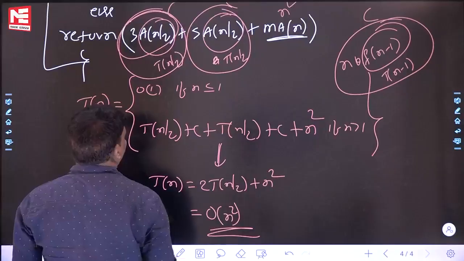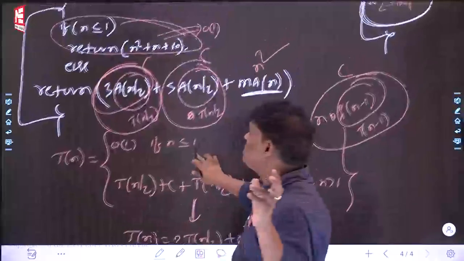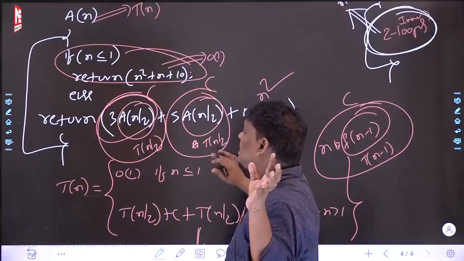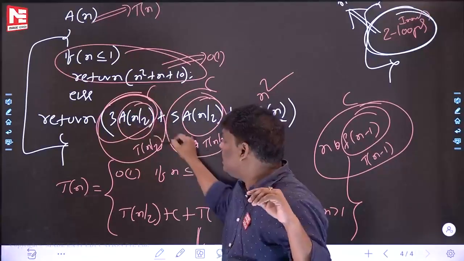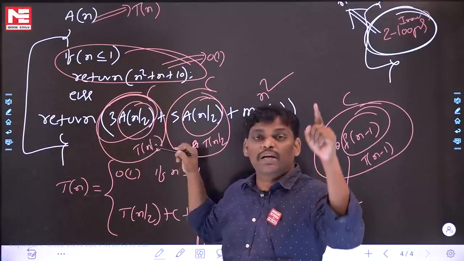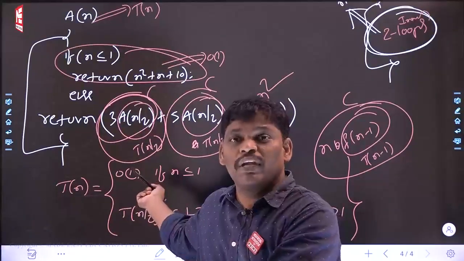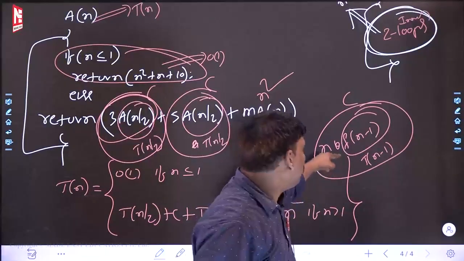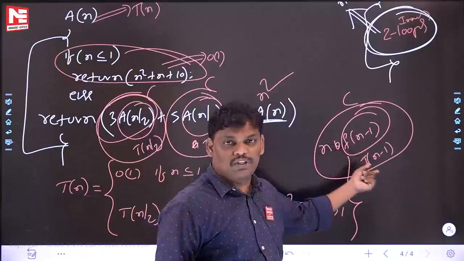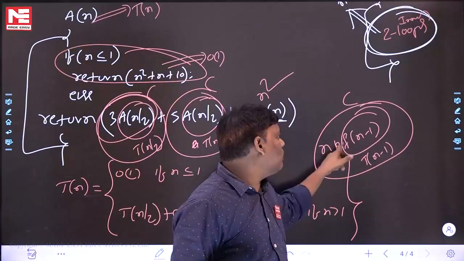Please take care. If anyone thinks, sir, I made a mistake, I wrote 3T(n/2), then because of that reason I gave this earlier problem. Please check: n into f of n minus 1.